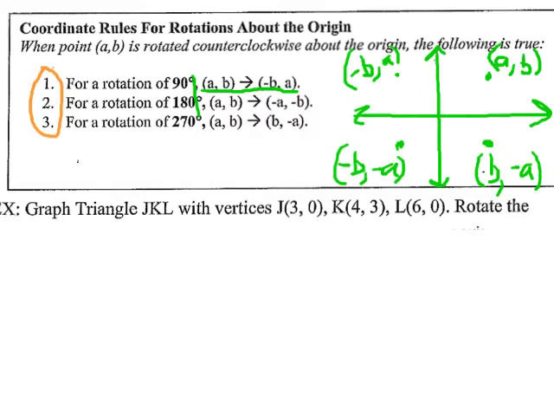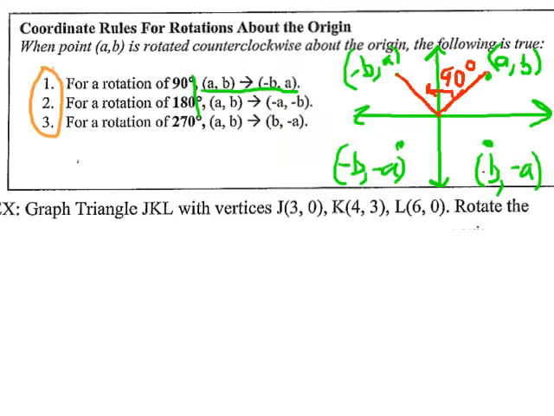Alright, so let's say that I start here at AB. Now I want to rotate it 90 degrees counterclockwise about the origin. That's how we'll always rotate things. That means I'm going to take AB, this point out here, and rotate it 90 degrees, and then connect the dot there.